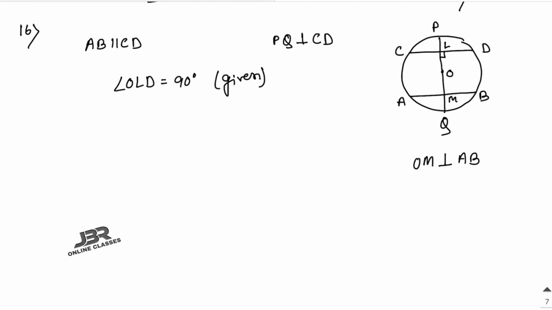It's given. So here OLD equal to 90 degree, and as OLD equal to 90 degree, then definitely PQ bisects CD.